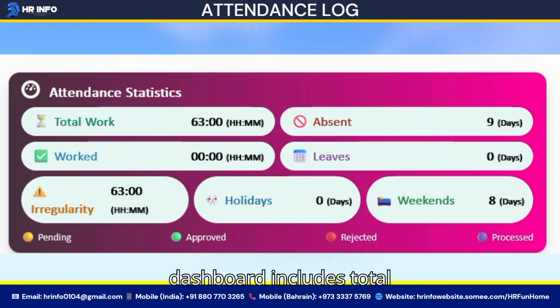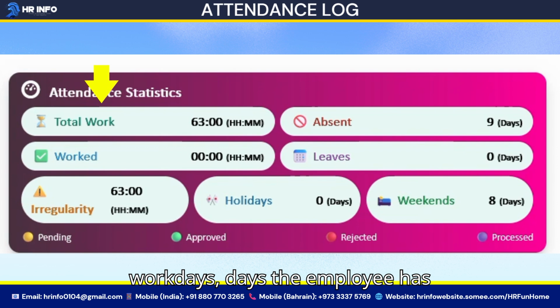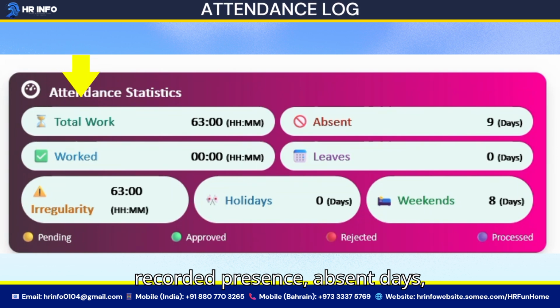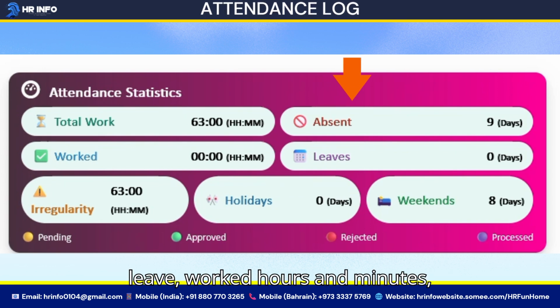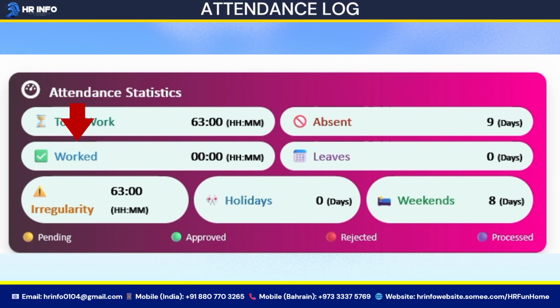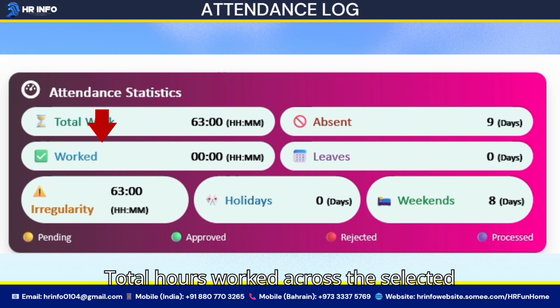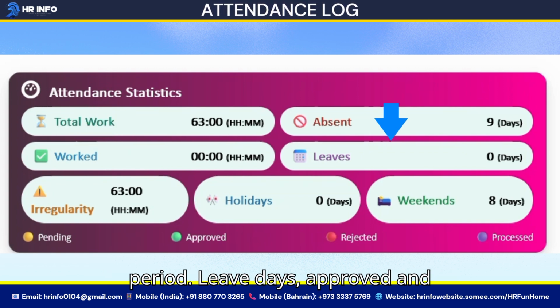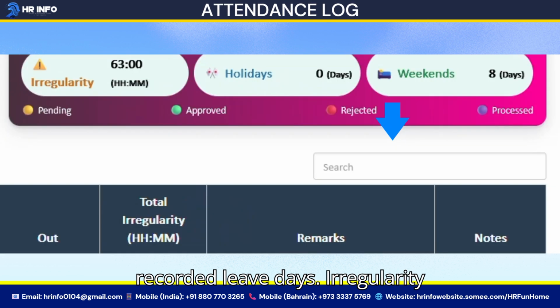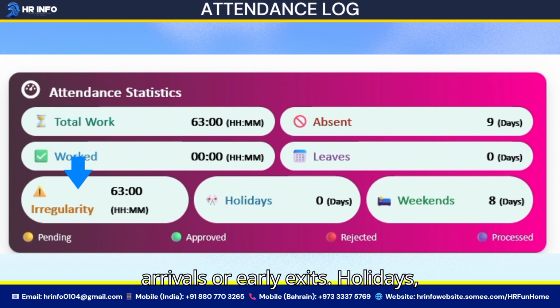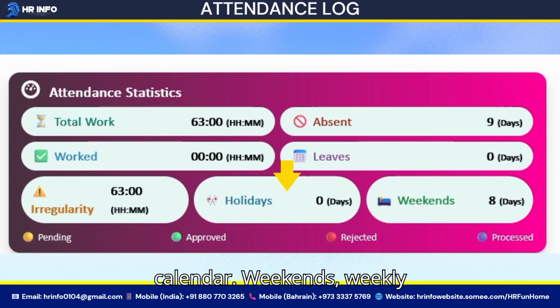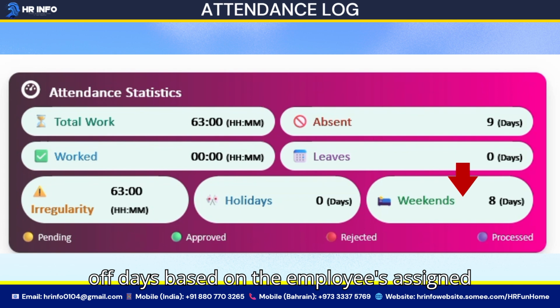This dashboard includes total workdays, days the employee has recorded presence, absent days, missed working days without approved leave, worked hours and minutes, total hours worked across the selected period, leave days, approved and recorded leave days, irregularity time, time lost due to late arrivals or early exits, holidays, official holidays included in the calendar, weekends, weekly off days based on the employee's assigned schedule.